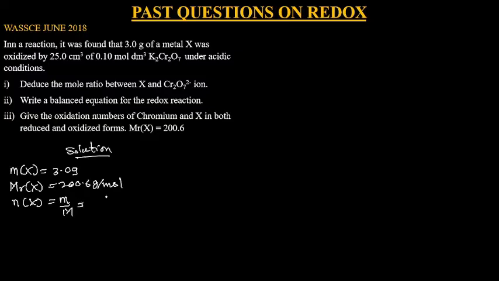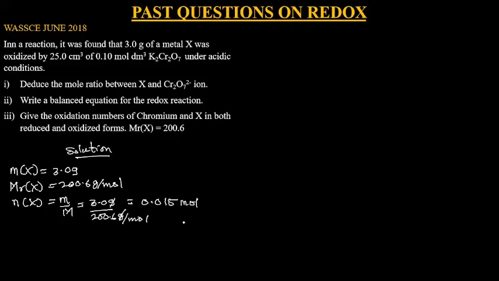So we have 3.0 grams over 200.6 grams per mole, and the grams will cancel out. If you punch this in the calculator, we're going to have 0.015 moles of X. So that's the mole of X.